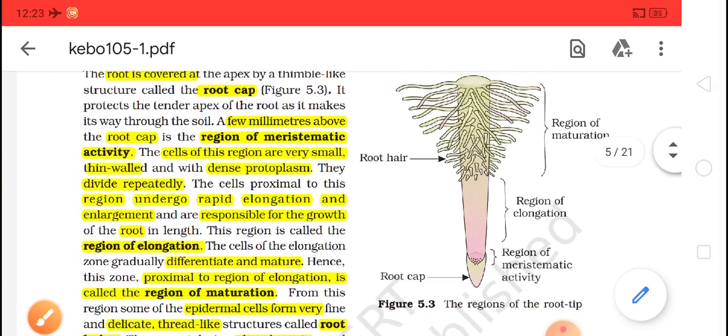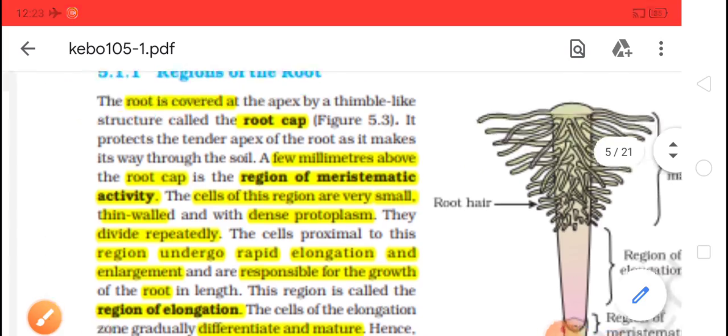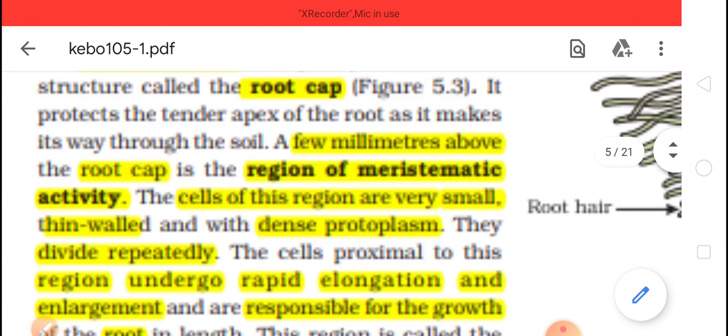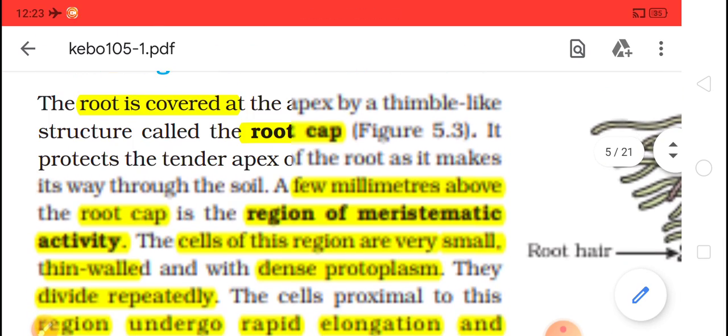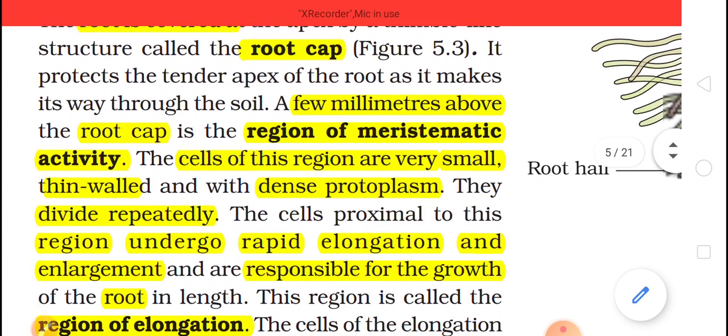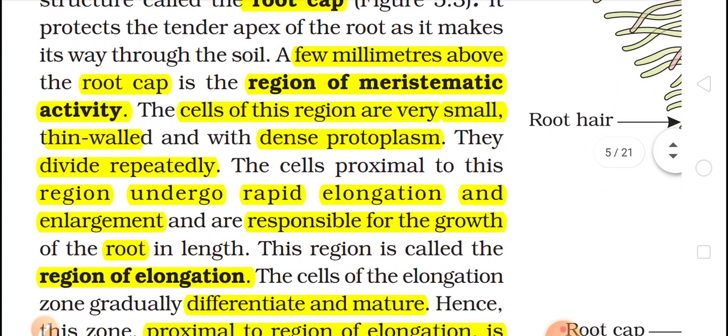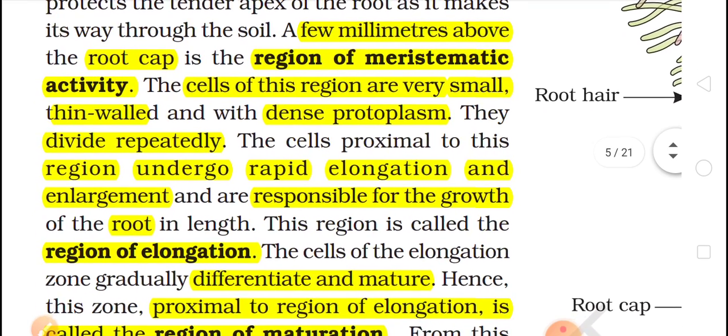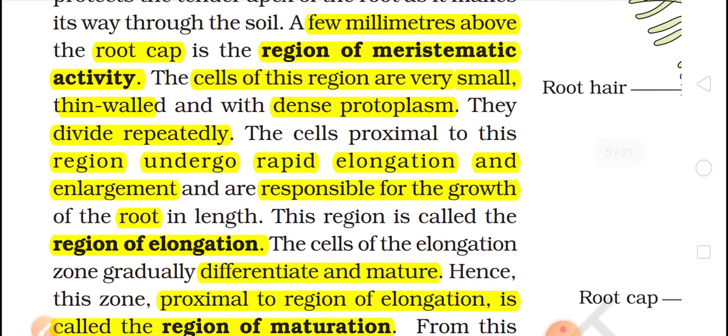Now see here in NCERT, children, the root is covered by the root cap, and a few millimeters above the root cap is a region of meristematic activity. The cells of this region are very small, thin walled with dense protoplasm, and they divide repeatedly.